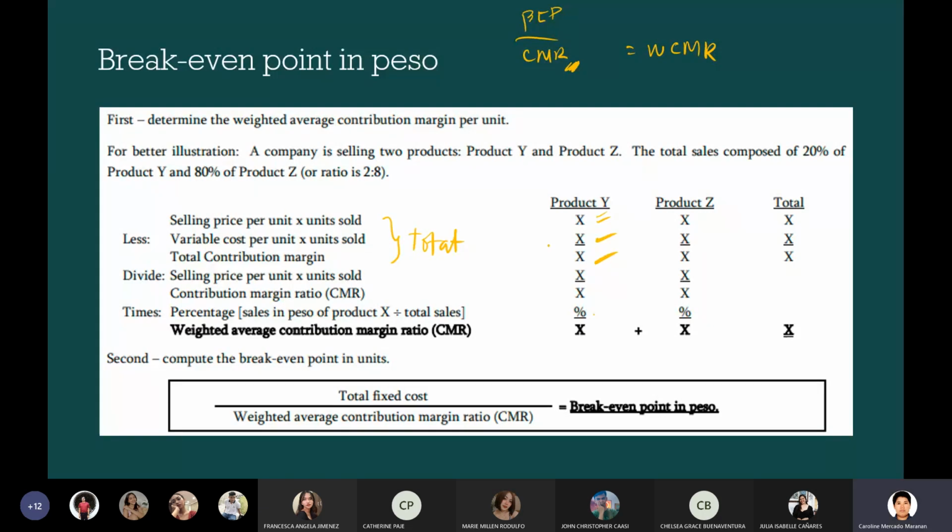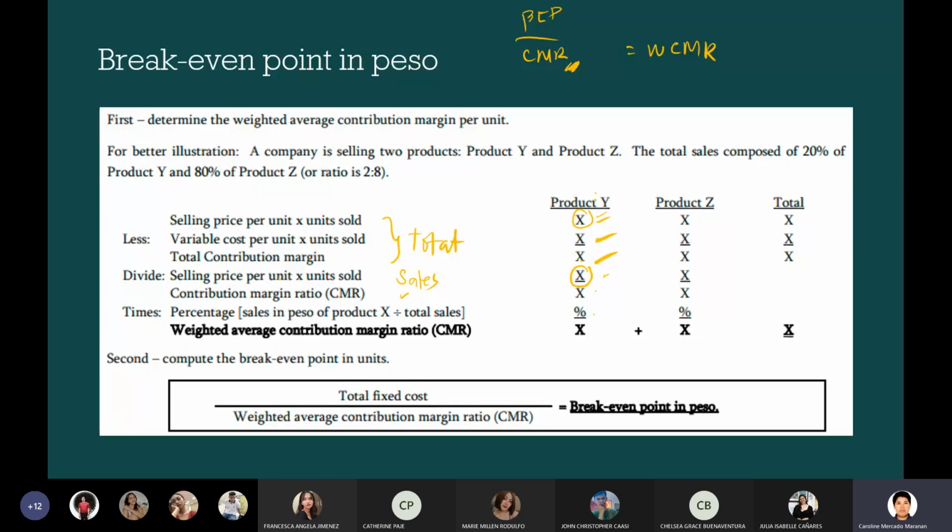Divide by sales. Selling price times unit sold equals sales. So, total sales. Yung na-compute mo dito, yun din yung pandi-divide mo dito. So, makukuha mo dito yung CMR.